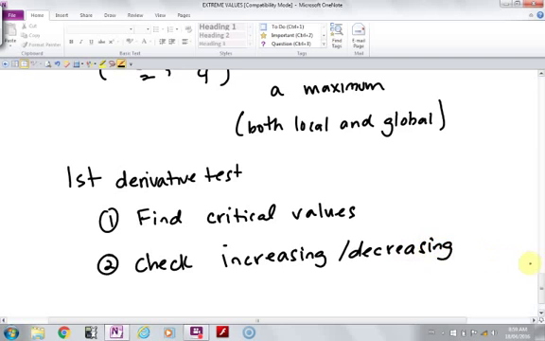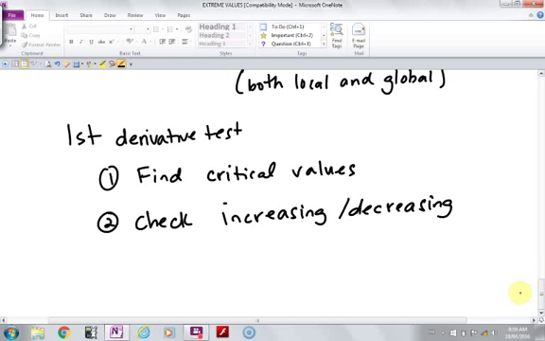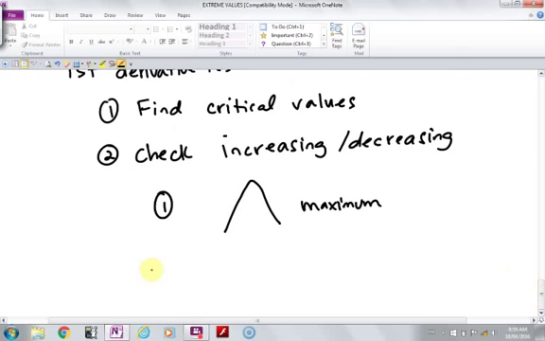Okay? And on the sheet it says, number 1, if the first derivative changes sign from positive to negative, what have you got? You've got a maximum. So if you're going from increasing to decreasing, then you have a maximum. If it's going from negative to positive, then you have a minimum.